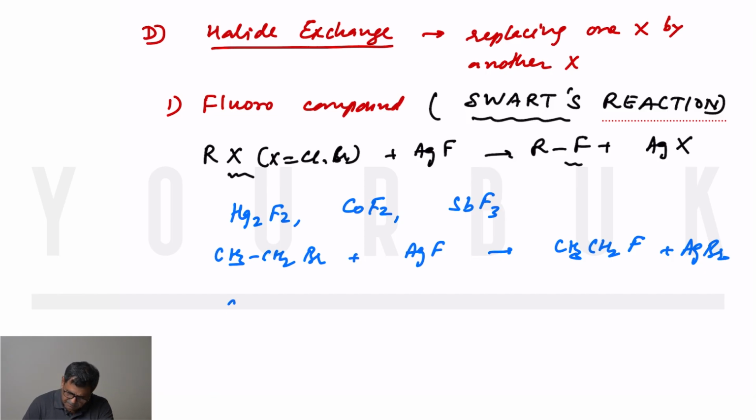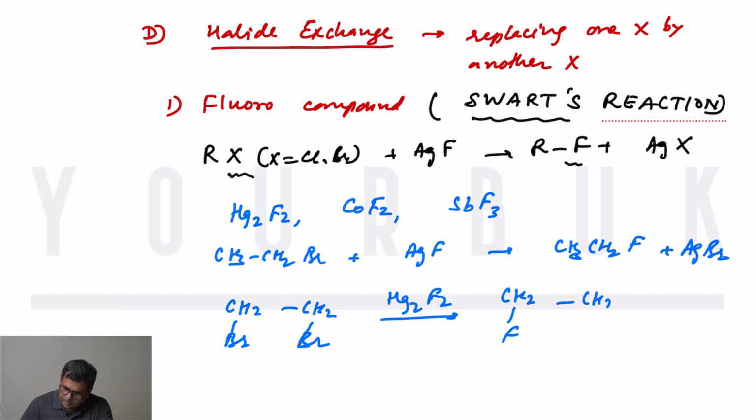For example, 1,2-dibromoethane treated with Hg2F2 will form 1,2-difluoroethane.